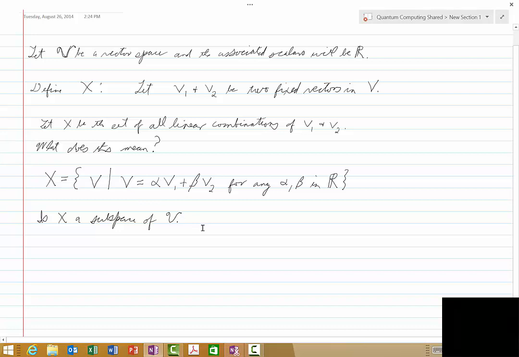So is X a subspace of V? That's the question that we would like to ask. And as usual, the way that we will answer this is to look at our two properties. First, is X closed under vector addition? Okay, that will be our question.